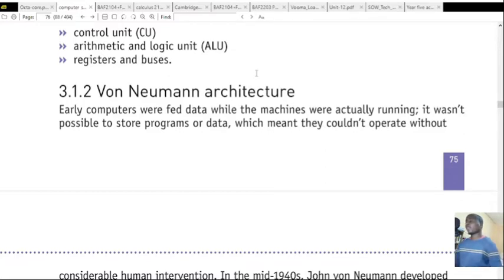So in the mid 1940s, John von Neumann developed the concept of stored programs in a computer, which has been the main basis of computer architecture since then.